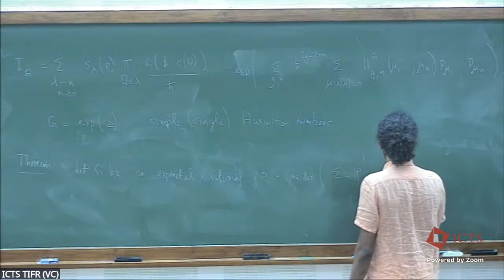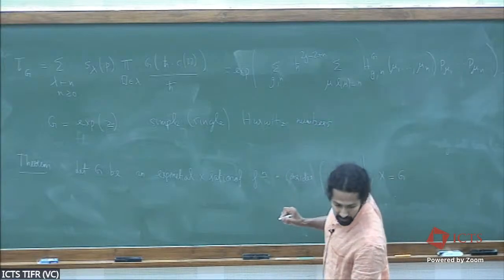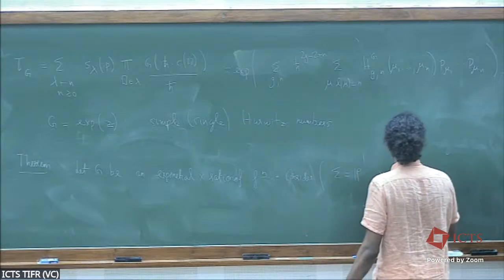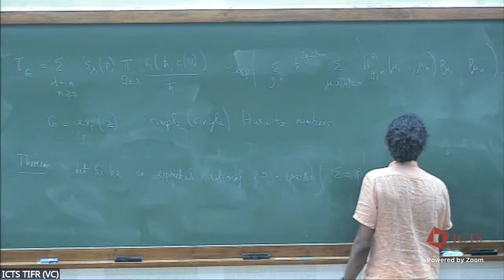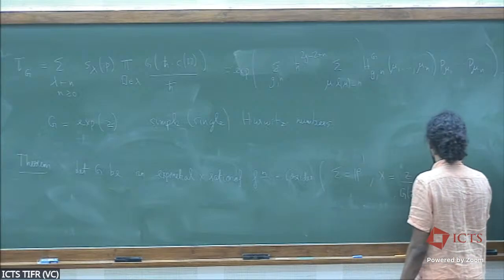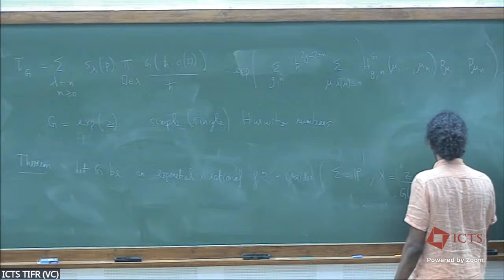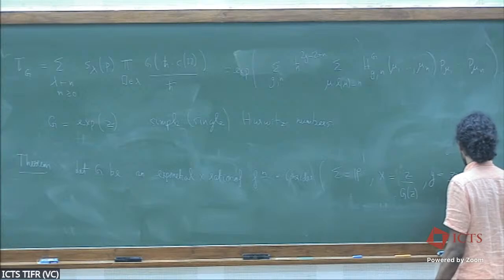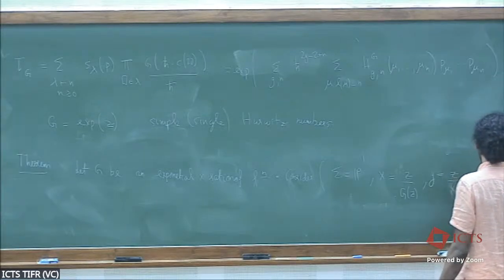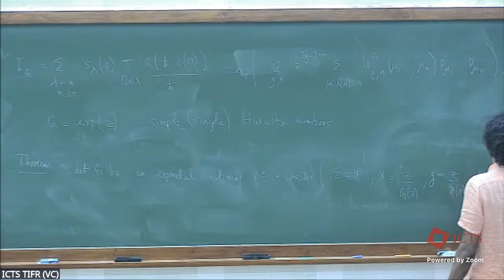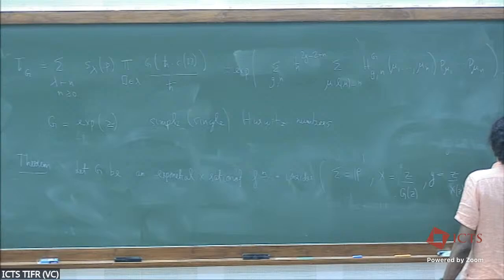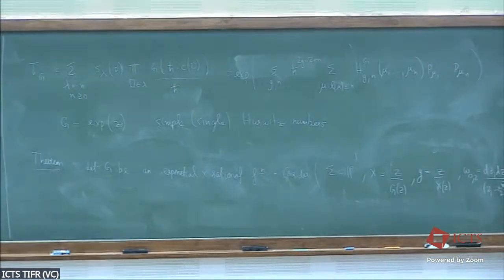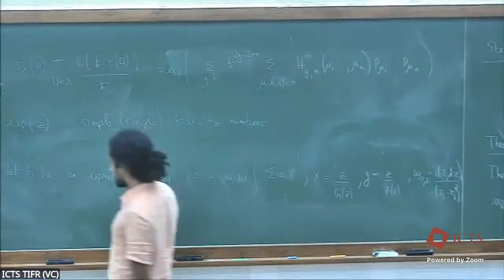I take x to be z over G(z), y to be basically z over x(z), and omega_{0,2} to be the standard Bergman kernel, dz1 dz2 over (z1 minus z2) squared. And compute the TR differentials on them, okay? These are called omega_{g,n}, right?